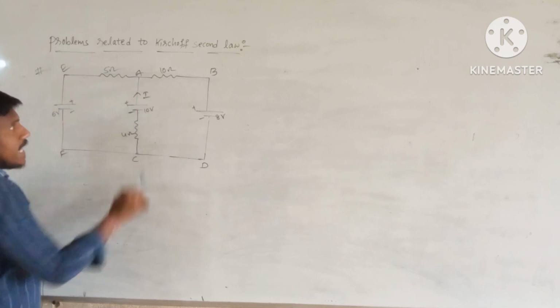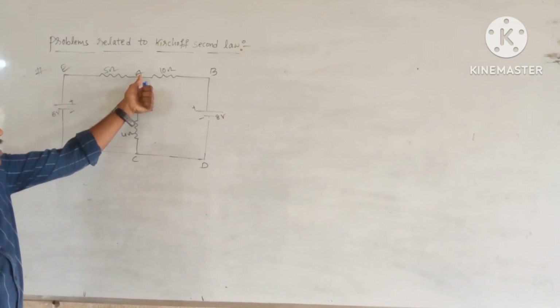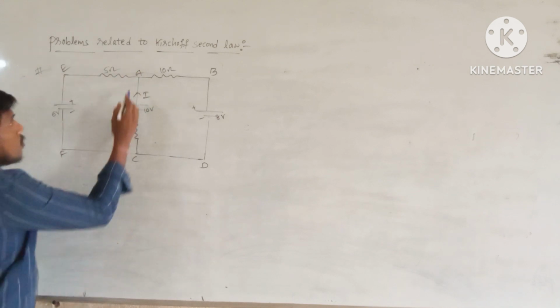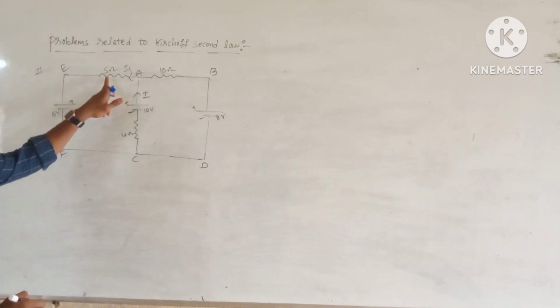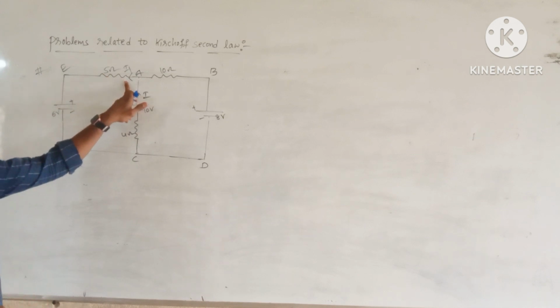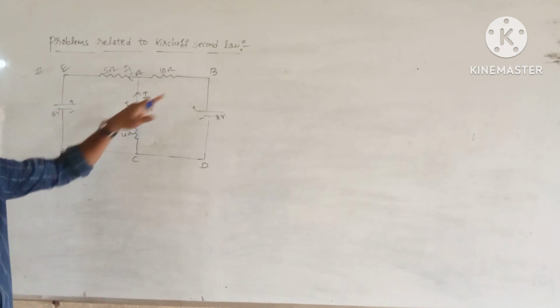At this point A, the current should be divided, because point A is called a junction. Through this 5 ohm resistor, current I1 should be flowing. So what is the remaining current passed through the 10 ohm resistor?